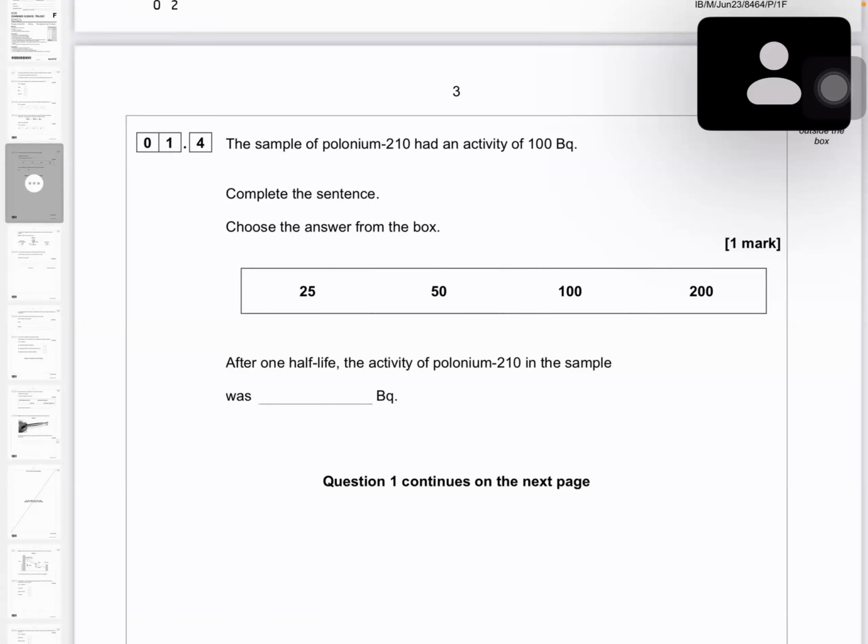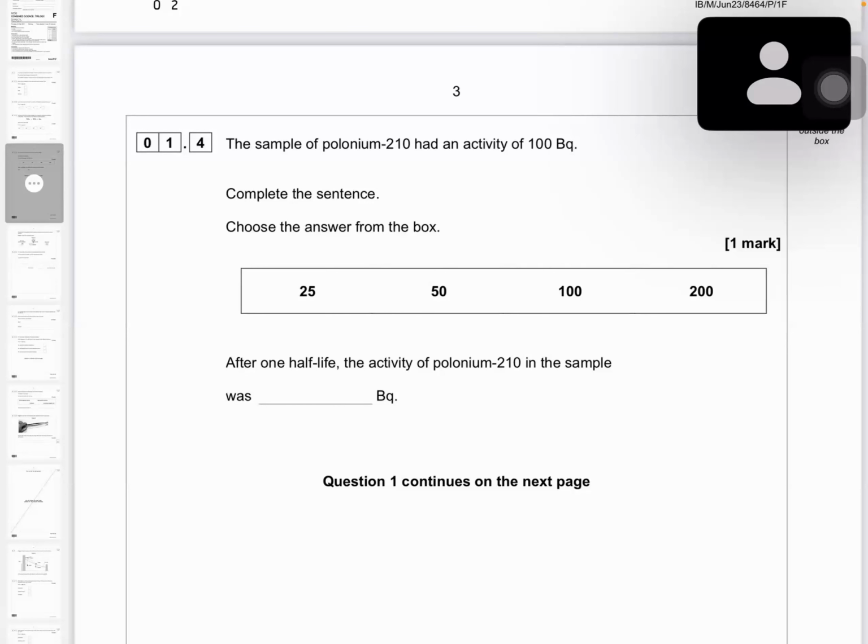Half-life is simply the time it takes for half of the sample to decay. So this Bq now, I'm not really sure of it, if it's a time thing, but okay, let's see.